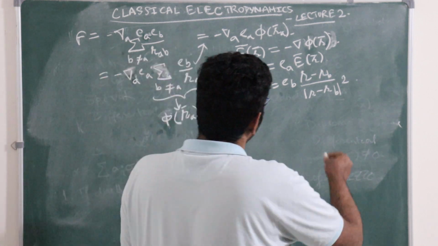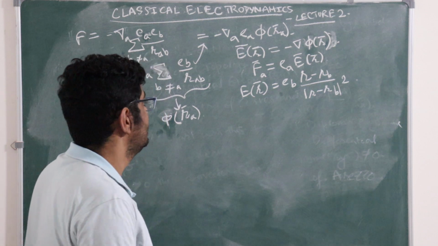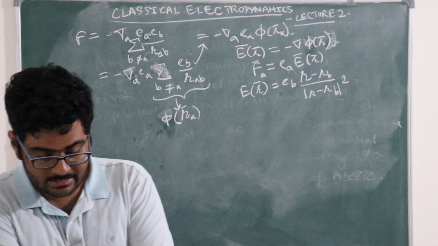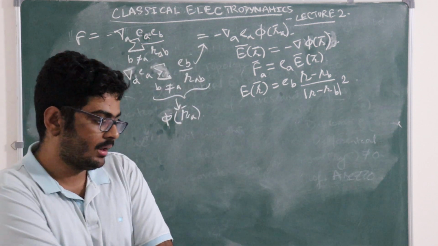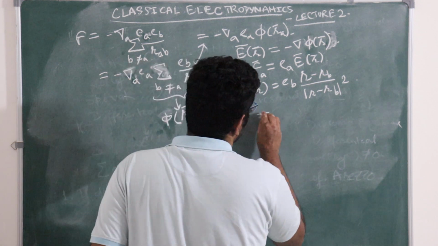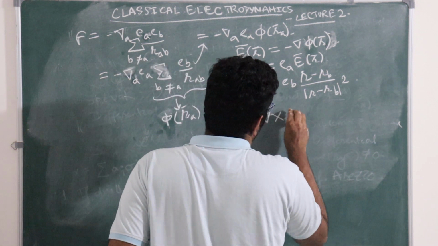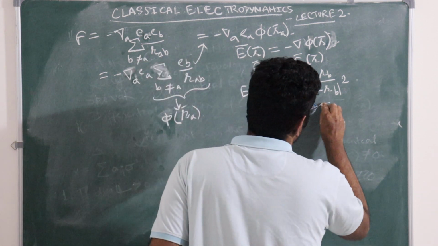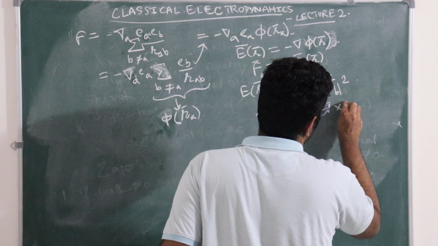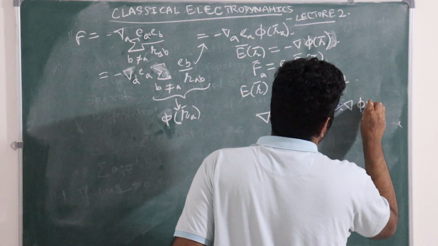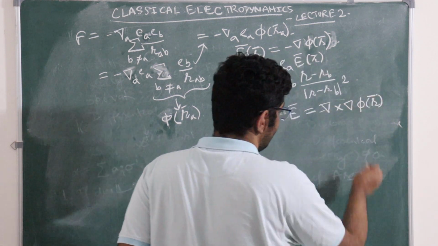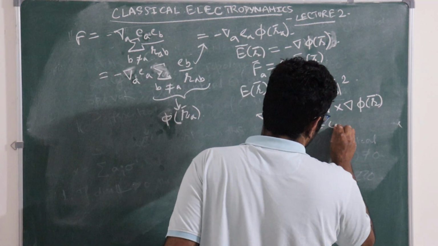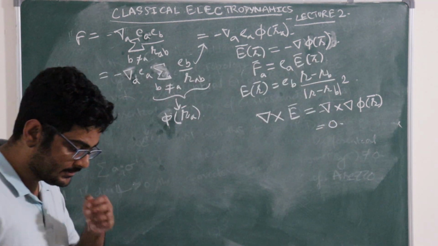As I wrote E as the gradient of a potential, one thing is very clear from vector calculus, and that is that if I take the curl of the electric field, that's going to be the curl, but the minus can be outside, so minus the curl of the gradient, and the curl of the gradient is always 0, as we know.